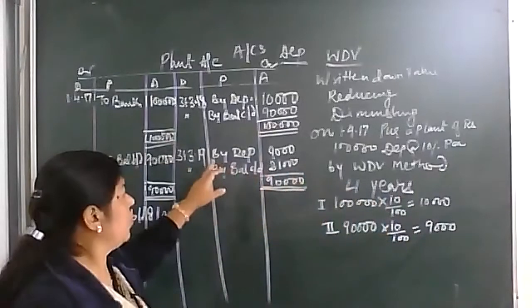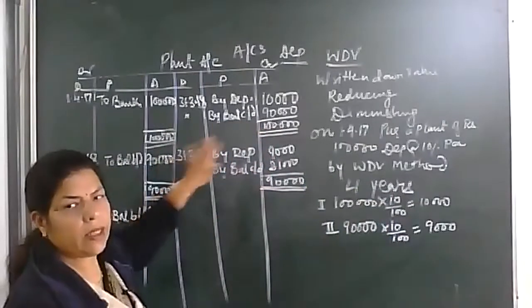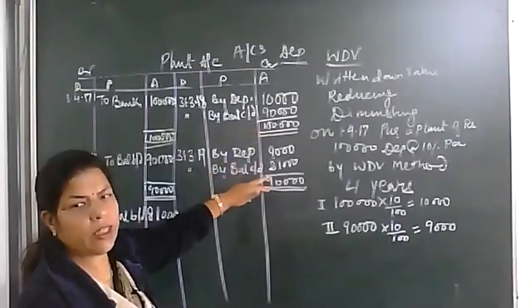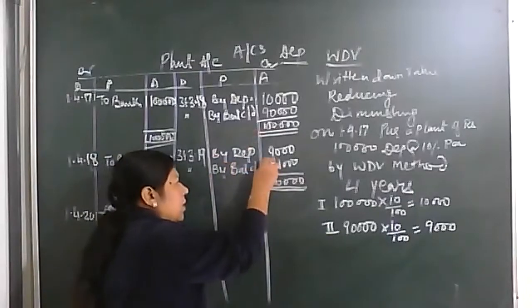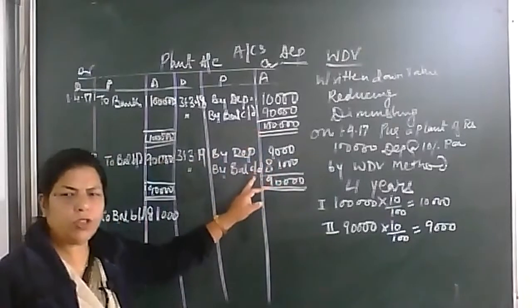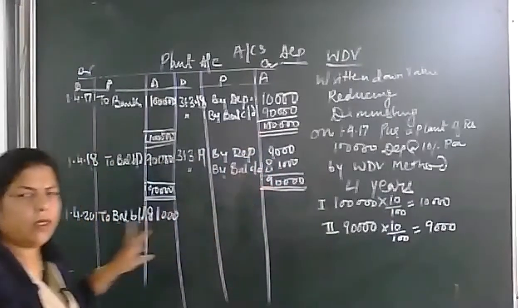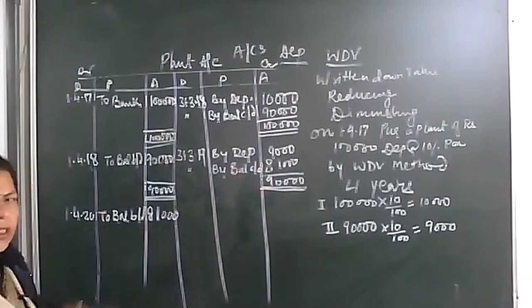So the depreciation amount is 9,000. 90,000 minus 9,000, 81,000 is remaining. Now this 81,000, which was closing in that year, is the beginning balance in the next year.